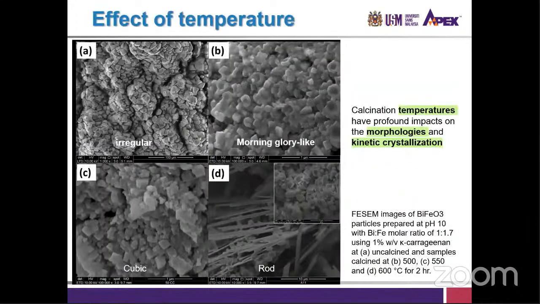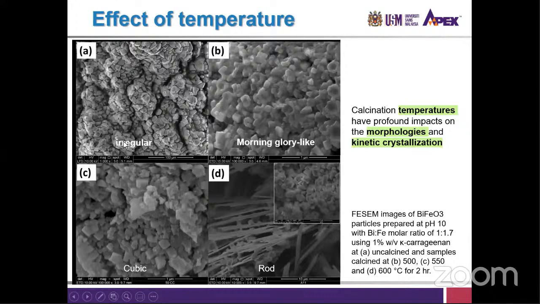There are several parameters that need to be considered. First, the temperature. This is the FESEM image at pH 10, with uncalcined and calcined samples. The calcination temperature has a profound impact on the morphology and also the crystallization kinetics.